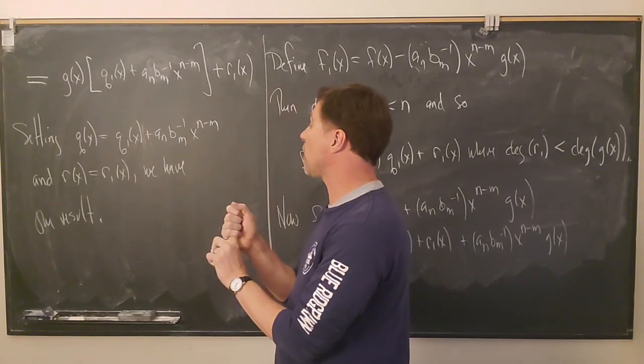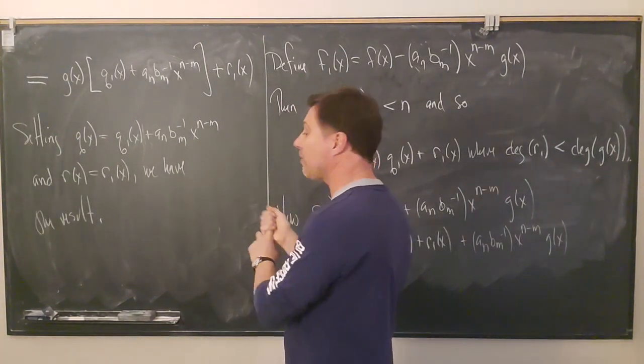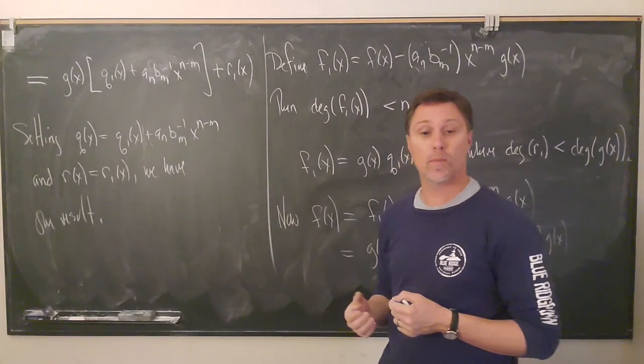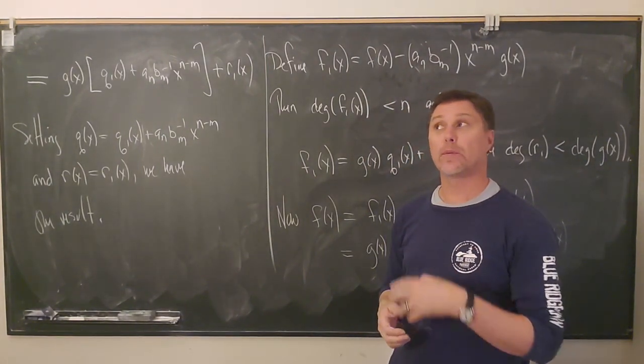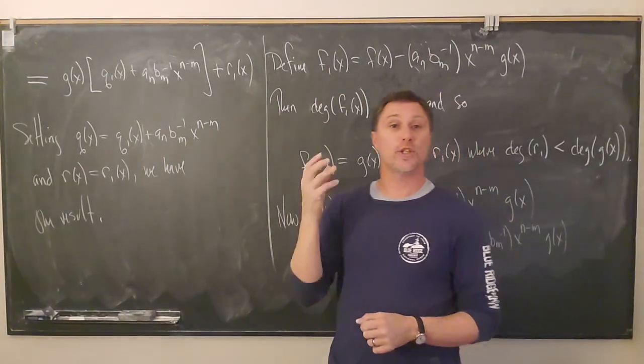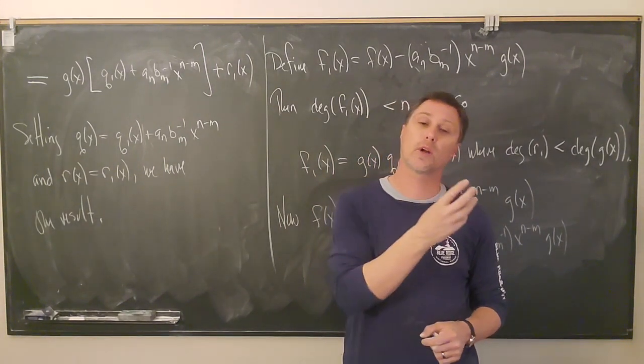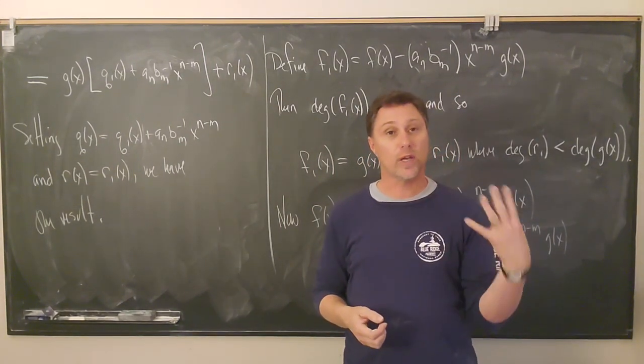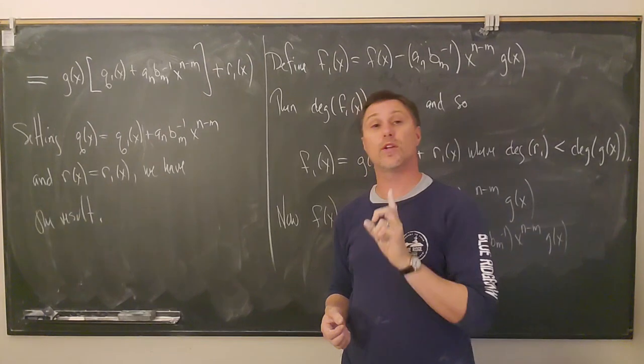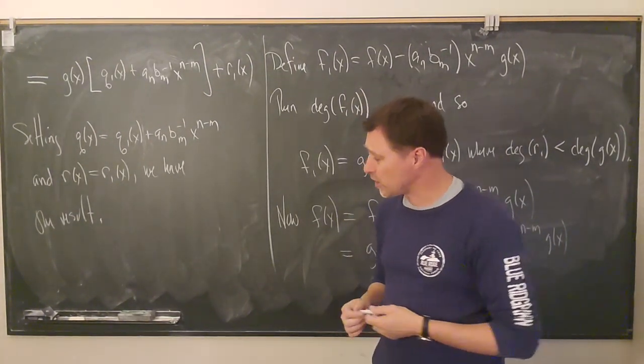So now what we've shown is that if we have polynomials f and g, where g of x is non-zero, then we can express f of x as g of x times q of x plus a remainder r of x, where the degree of r of x is strictly less than the degree of g of x.